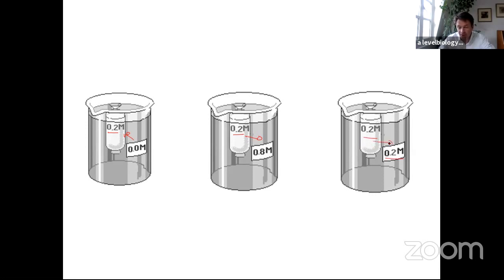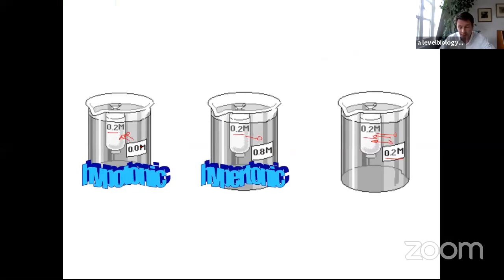At that point, this is an isotonic solution. There'll be no net movement. Some water will move out, some water will move in, but there'll be no net movement. So this is a hypotonic solution because water will move in. This is a hypertonic solution, water will move out. And this is an isotonic solution.